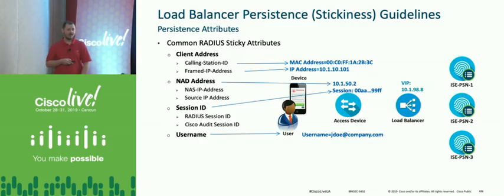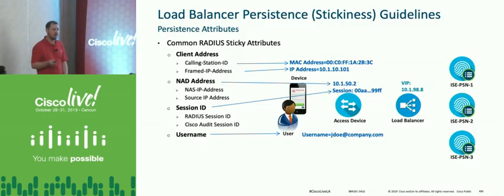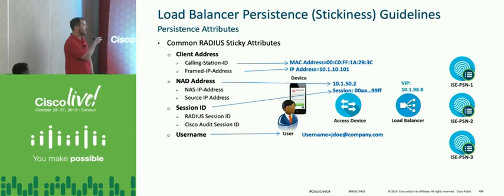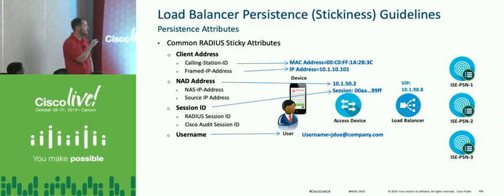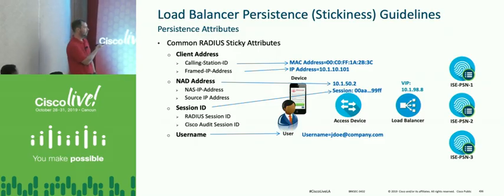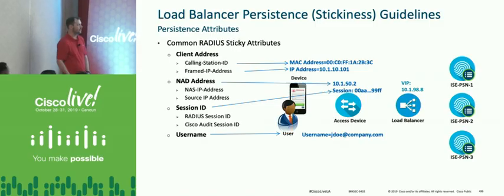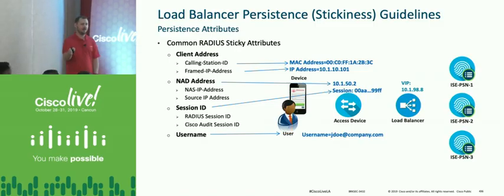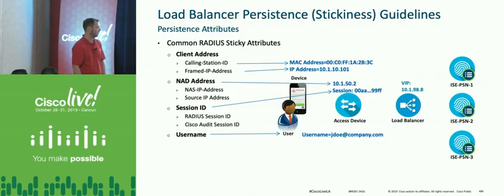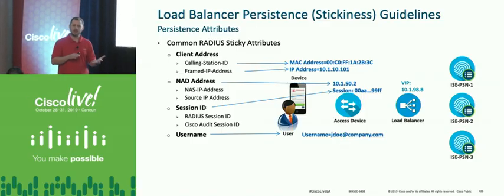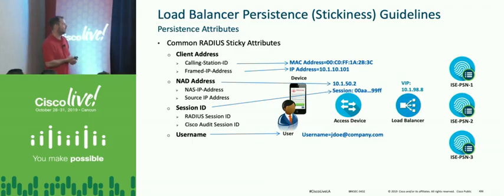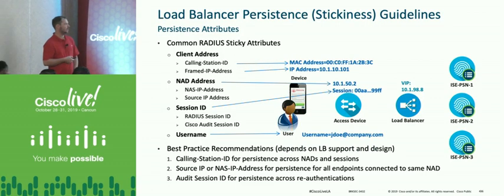With stickiness, the key attributes that we're looking for is the ability, in most cases, to look at calling station ID or framed IP address, or more specifically, we could use the RADIUS session ID to lock in the correct PSN for every session. And this does change a little bit depending on whether it's RADIUS or we're doing web authentication, and I've got a few of those examples later on.